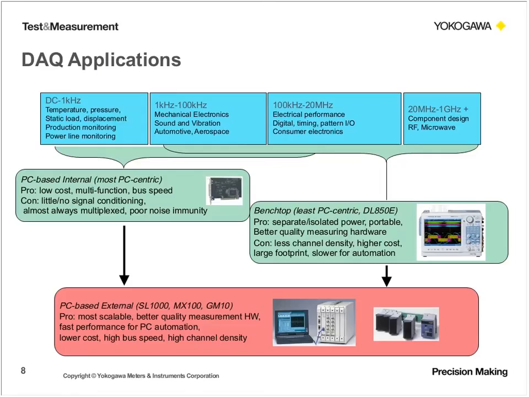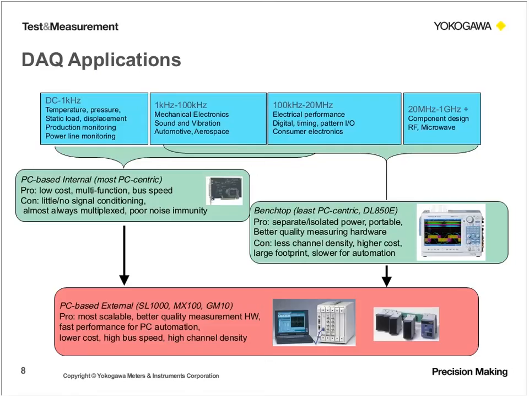So this is more of the mechatronics area where you're trying to combine the measurements of mechanical and electrical into one data acquisition unit. And, you know, these systems are usually separated from the computer, so they offer portability, great field use, and they provide excellent noise and isolation immunity.